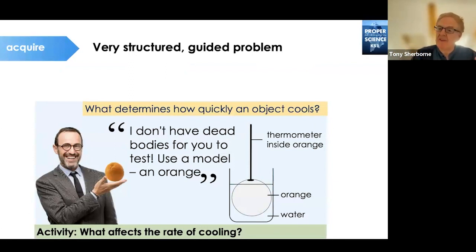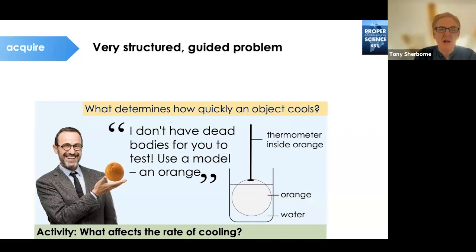So at the earliest stage of acquire, before they learn the theory about why mass and temperature difference affect the heat loss, we set up a problem, which I explained last week. A forensic scientist wants to know time of death, which leads to a question about how quickly an object cools. And so that's the investigation, which the students are going to model.